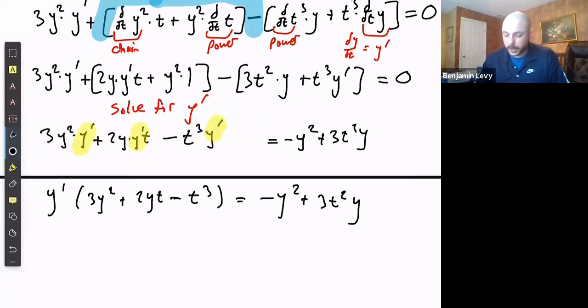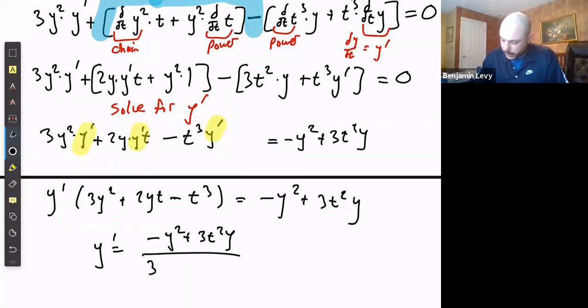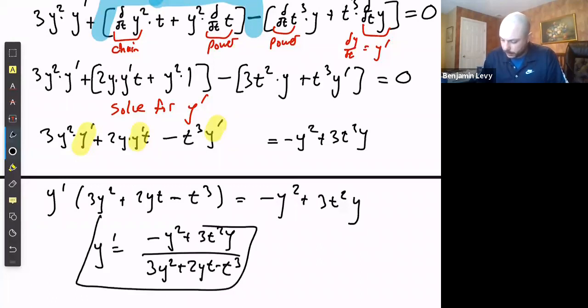Right? And so if we want an expression for the derivative, y prime, that's just what we had on the right divided by this piece on the left that we just factored out. Right, so we just factored these out right here.